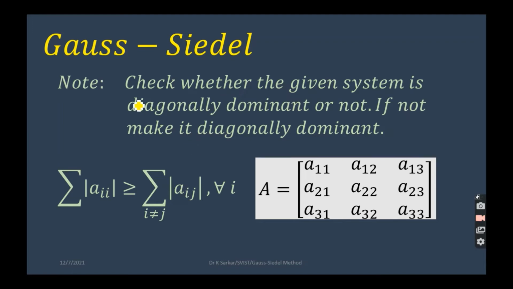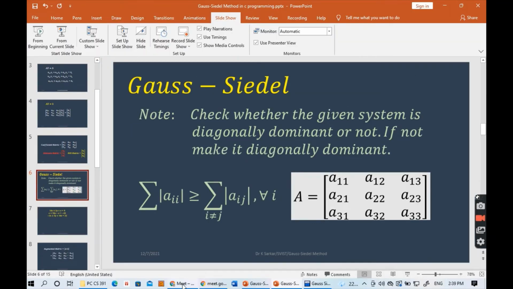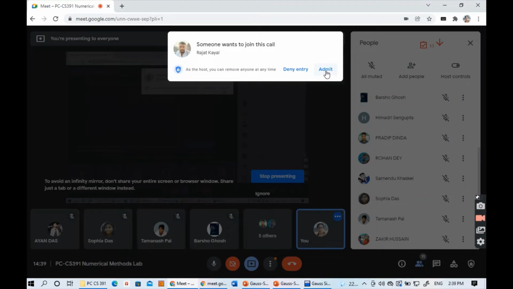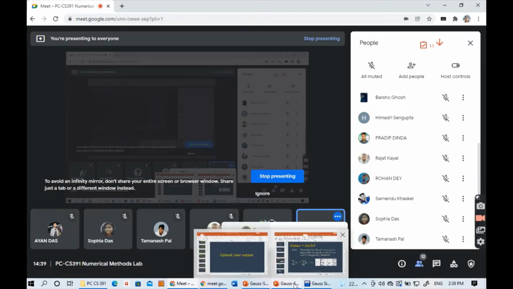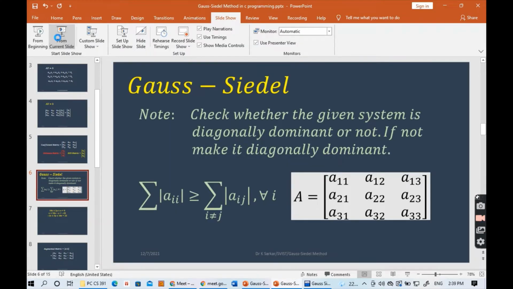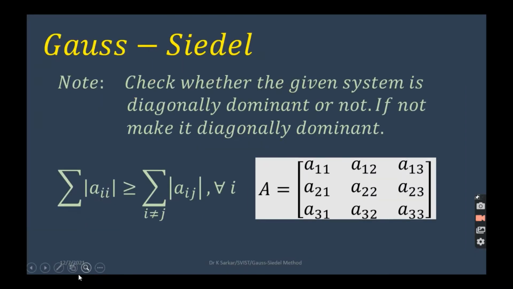You have to note that you have to check whether the given system is diagonally dominant or not.